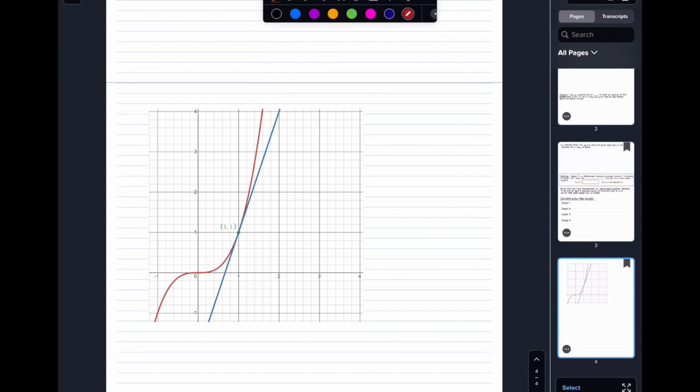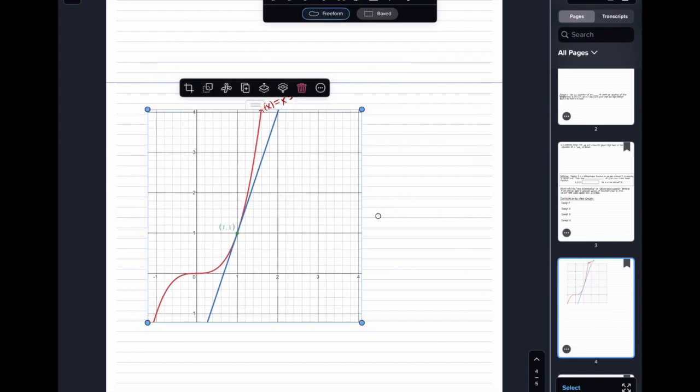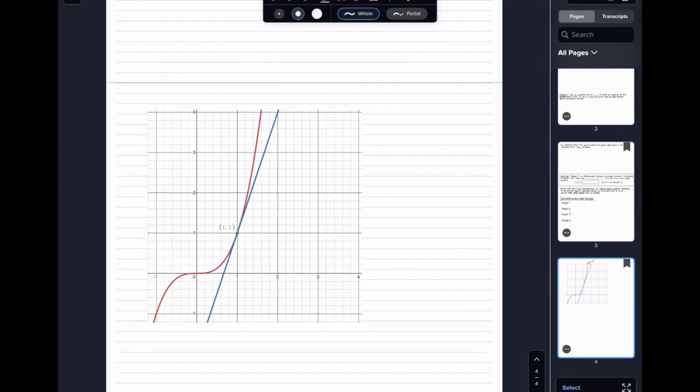This is x cubed. The red line here is x cubed. The blue line here is the tangent line. We don't know the equation for it yet because we haven't quite found it.